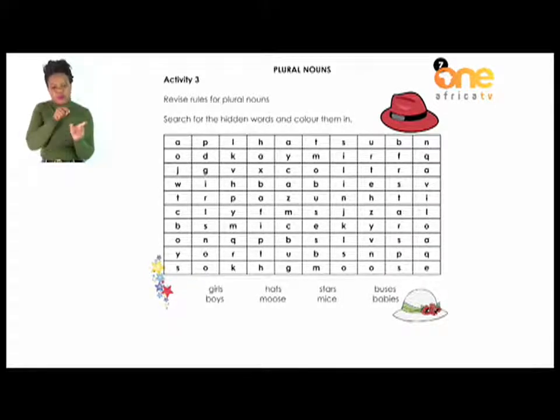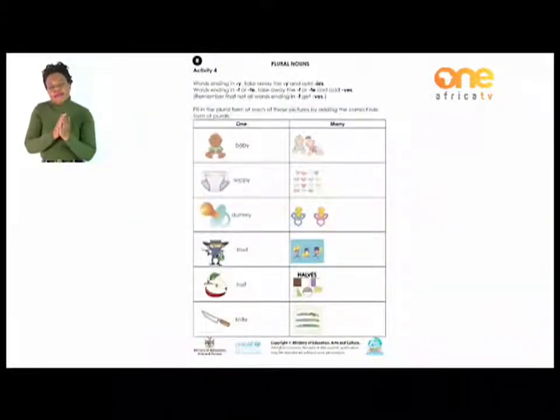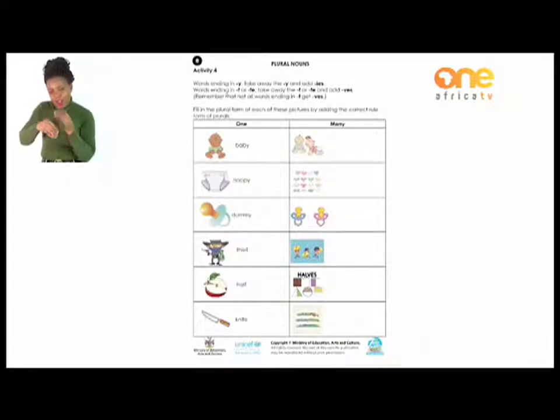Page 8, activity number 4. Words ending in Y, take away the Y and add IES. It's a matter of repetition. The Y rule, where you throw away the Y and replace with IES.